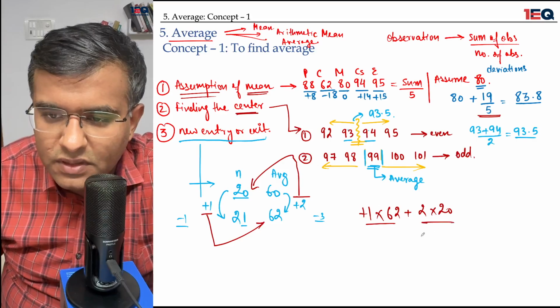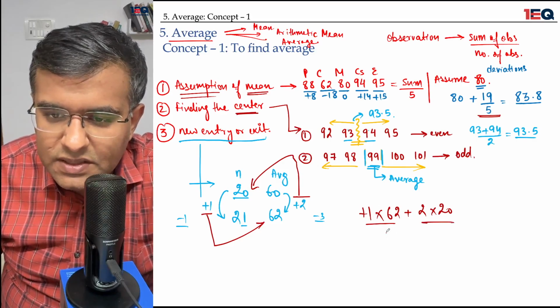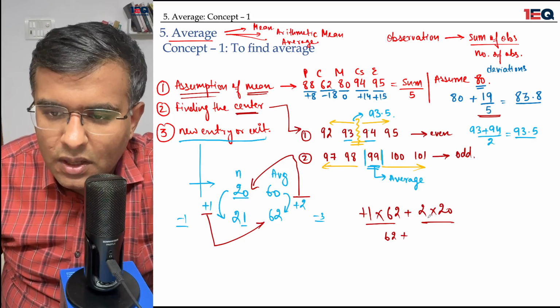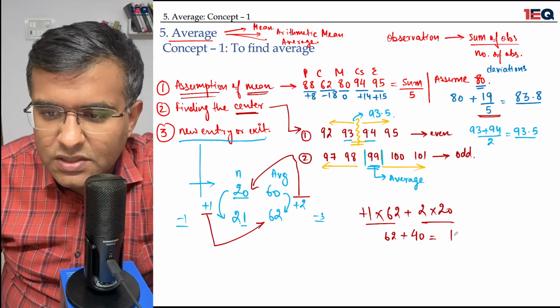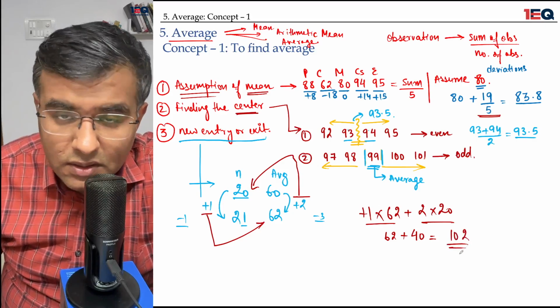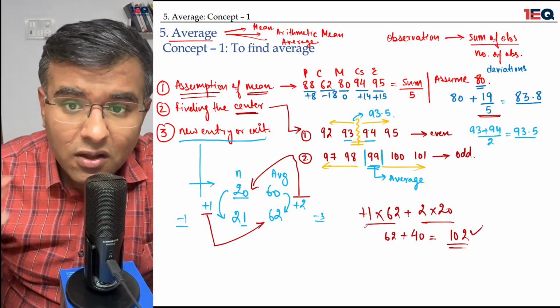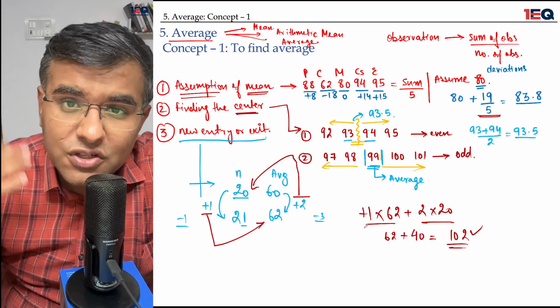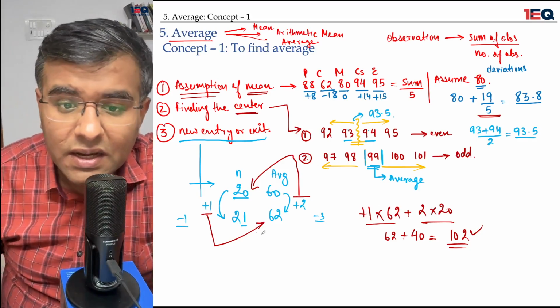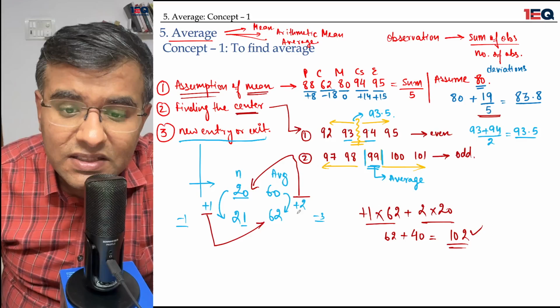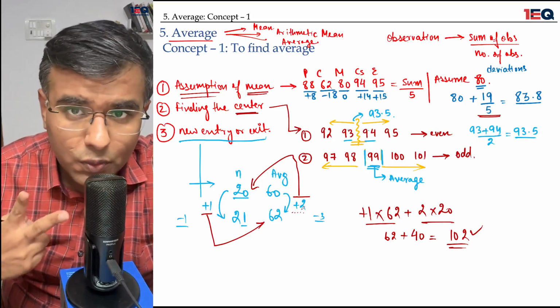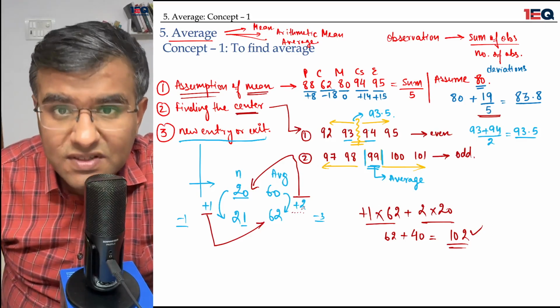Plus 1 and 62 is 62, and 2 into 20 is 40. This gives me the answer 102. This means that the new student scored 102 marks, which is why the entire average got inflated by 2 marks.